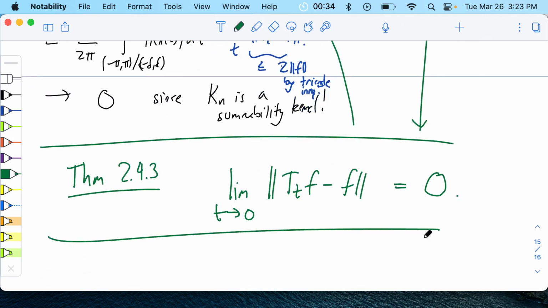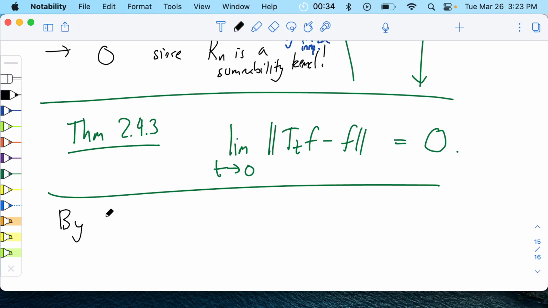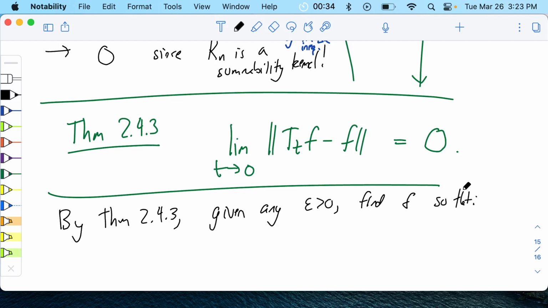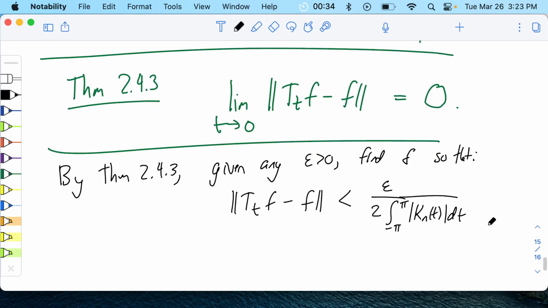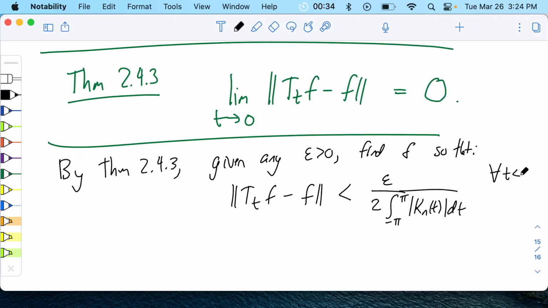Okay, so by theorem 2.4.3, given any epsilon greater than 0, find delta so that the norm of tt of f minus f, not the limit, just the actual thing, is less than epsilon over 2, and then I want to make it even smaller, epsilon over 2 times the integral from minus pi to pi of the absolute value of kappa n of t dt, for all absolute value of t less than delta.